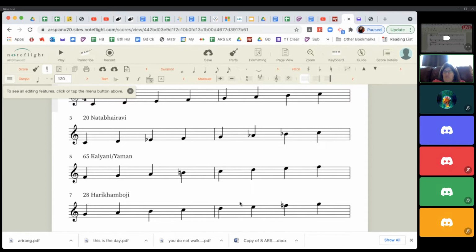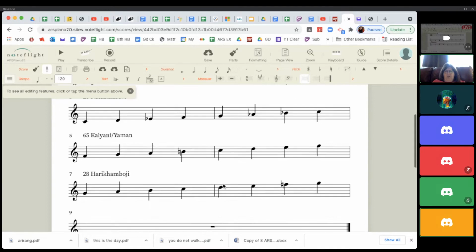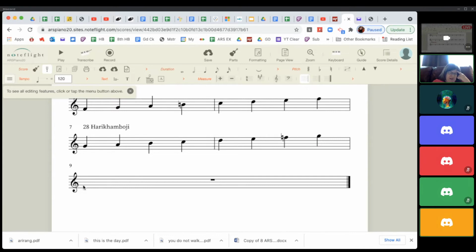That's how Western music uses different scales. We have other ones, and I think this one might be familiar. Let me write it out so that you can hear it.